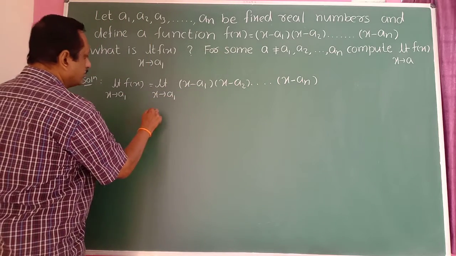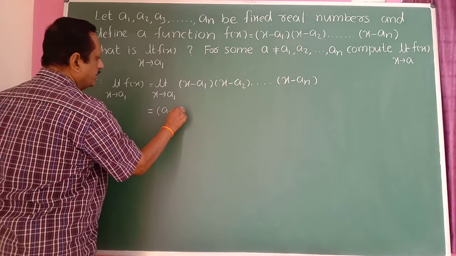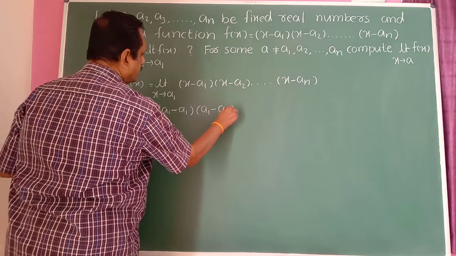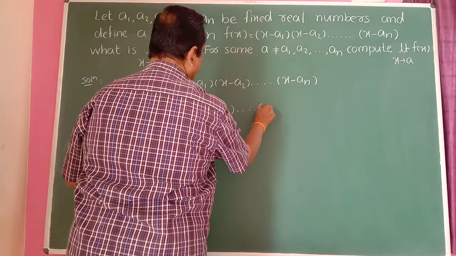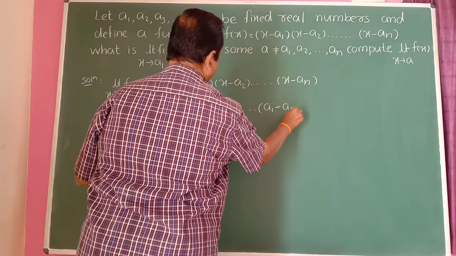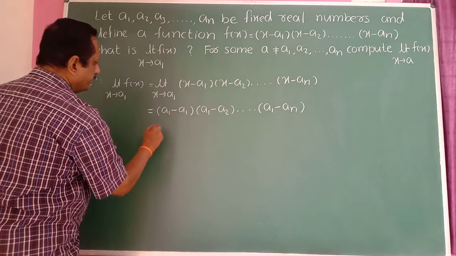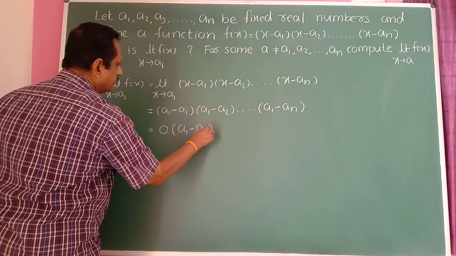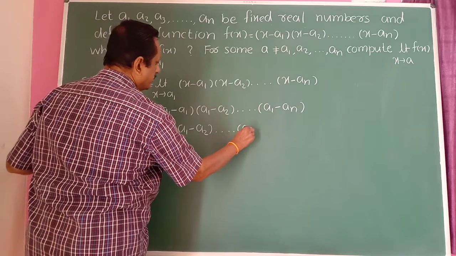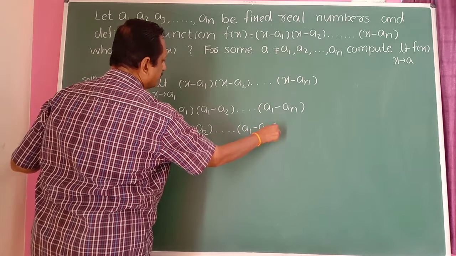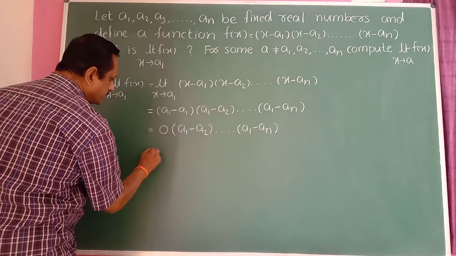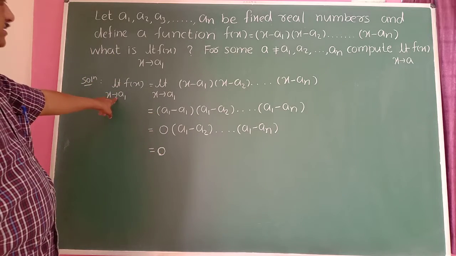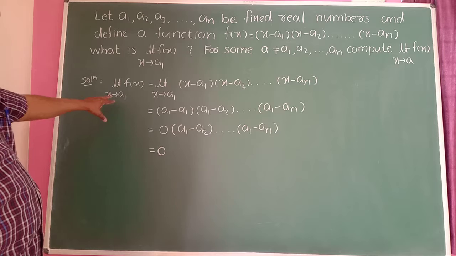So this is (a1 minus a1) then (a1 minus a2) ... (a1 minus an). Here a1 minus a1 becomes 0, so 0 into the bracket (a1 minus a2) and so on until (a1 minus an). Then 0 into any term becomes 0. Limit of f of x as x tends to a1 is 0.